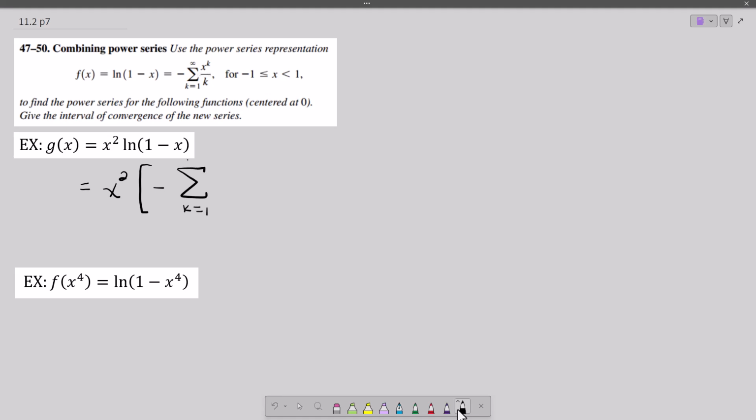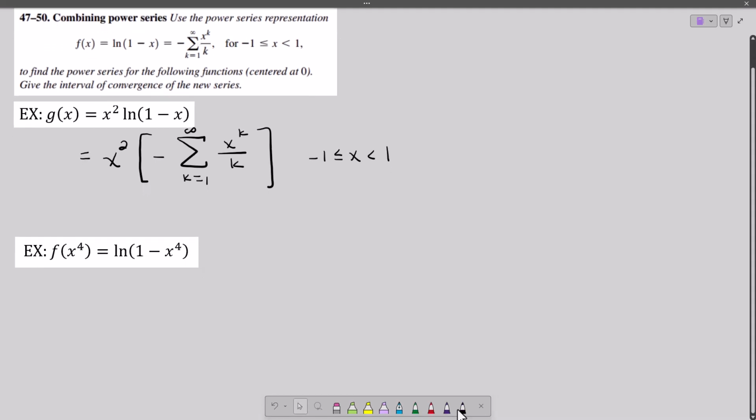So here's our power series for that part of it: x to the k divided by k. And the interval of convergence is -1 to 1, including the -1. So it does not change. When you multiply by a power of x, that interval of convergence is not going to change.